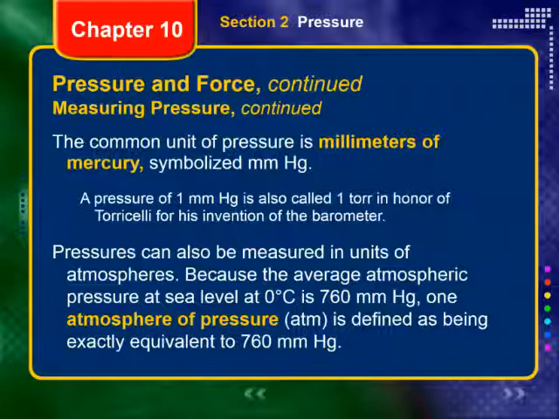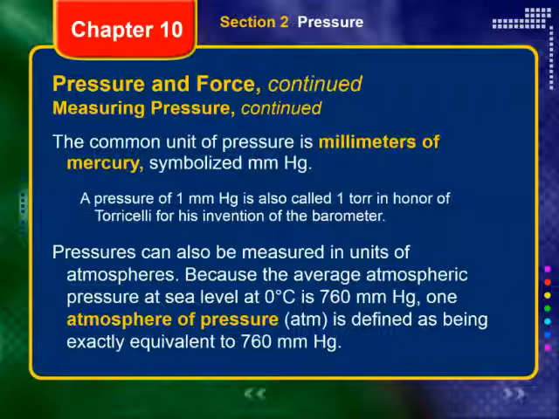Pressures can also be measured in units of atmospheres. In fact, several equations that we use to do calculations about gases use atmospheres as the unit. Because the average atmospheric pressure at sea level, again, average, not all the time, it'll change from day to day, but on average, at 0 degrees Celsius, which is nice and cold, is 760 millimeters of mercury, 1 atmosphere of pressure, which is abbreviated ATM, is defined as being exactly equivalent to 760 millimeters of mercury.